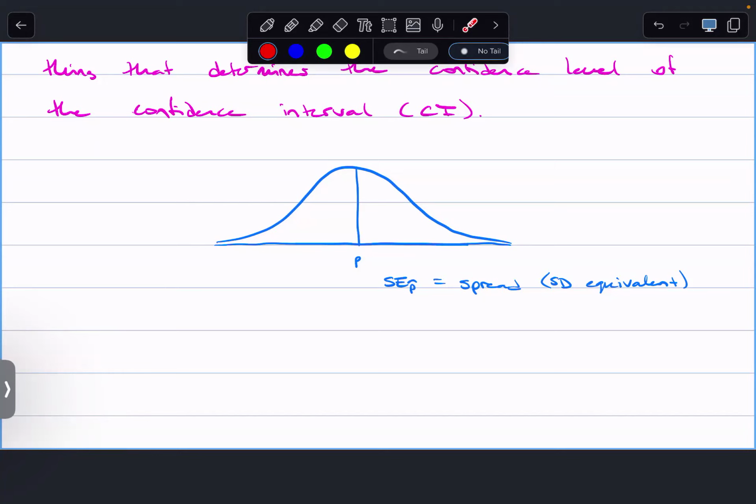And that's exactly what we're going to be doing. So here, the 95% confidence interval, which is our default, and I'll talk about why. But for now, 95% confidence interval means that we're going to move out 2 standard errors from our point estimate, right?